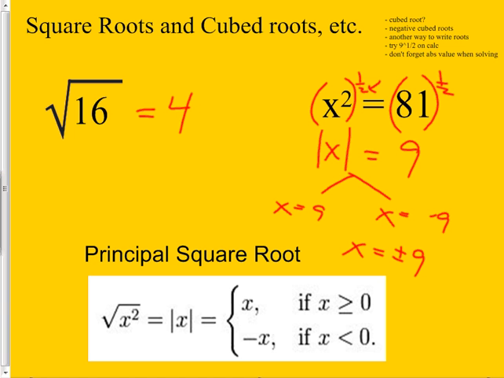Okay, now this is a really complicated definition of finding an absolute value. See how it says the square root of x squared is the absolute value of x? That's easy. And that means it's x if x is greater than or equal to 0, and negative x if x is less than 0. Basically, it's trying to tell you what absolute value means.